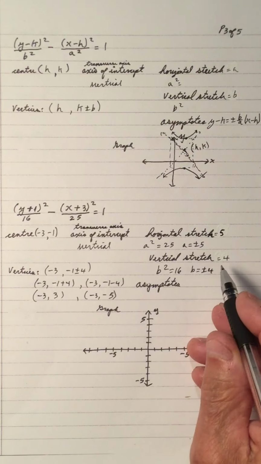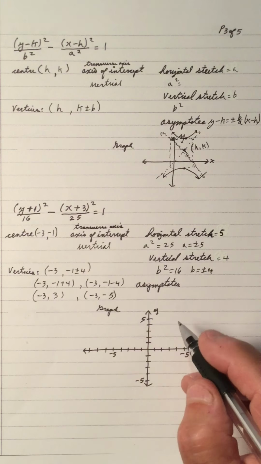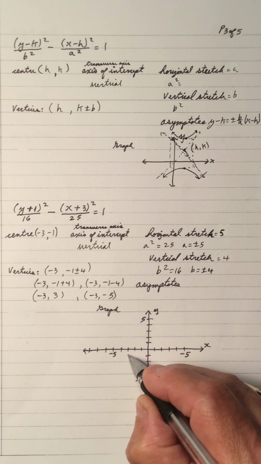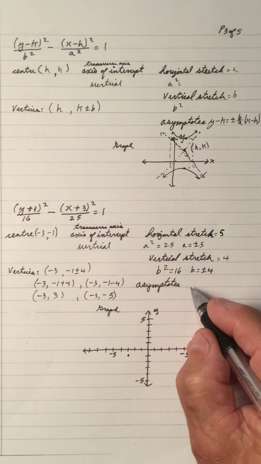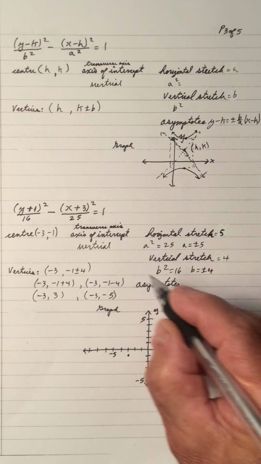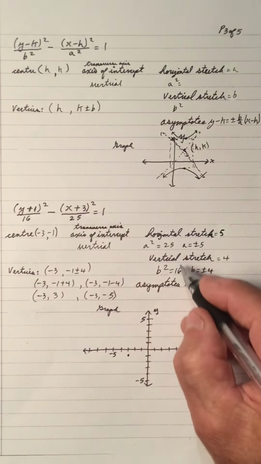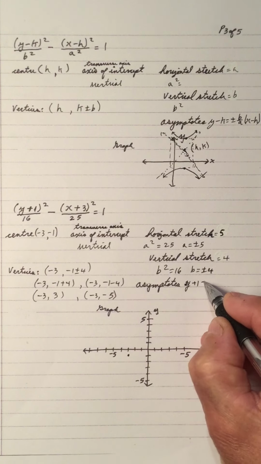So what we'll do, we'll plot the center first, which is negative 3, negative 1. x is negative 3: 1, 2, 3, negative 1. There's the center. That means that the asymptote, whoop, I forgot to do the asymptotes. So we have y plus 1, because the point is y plus 1.